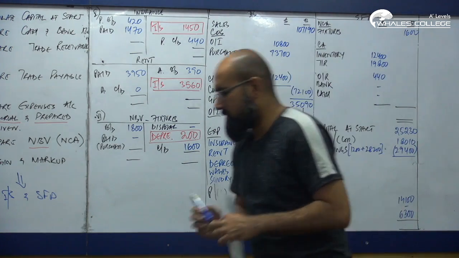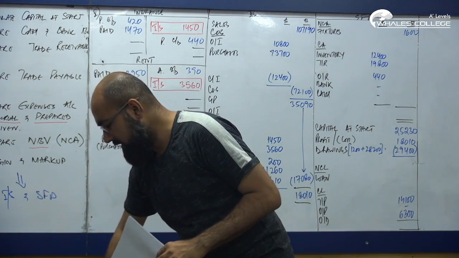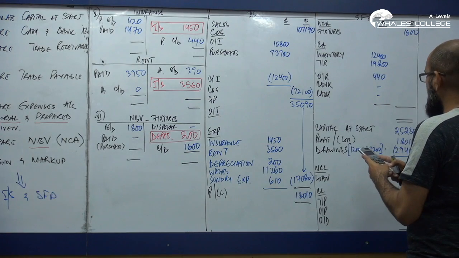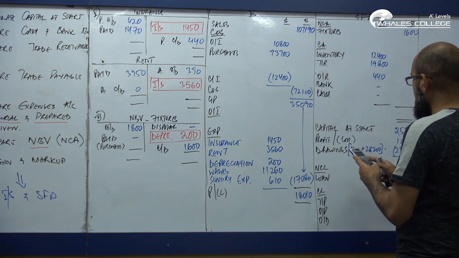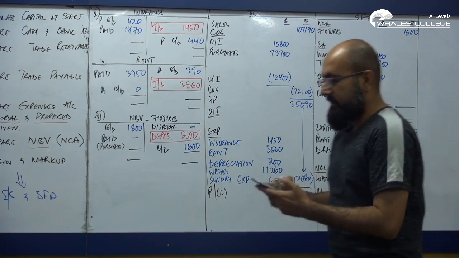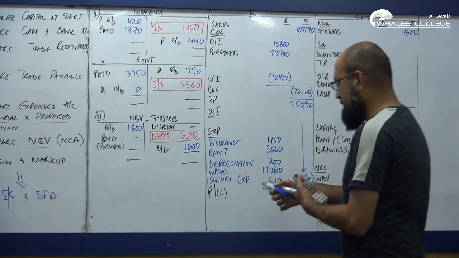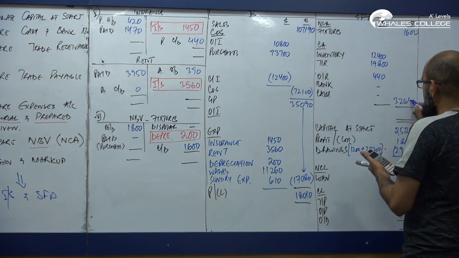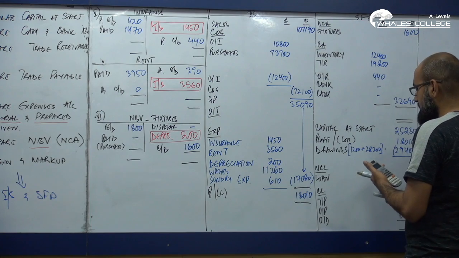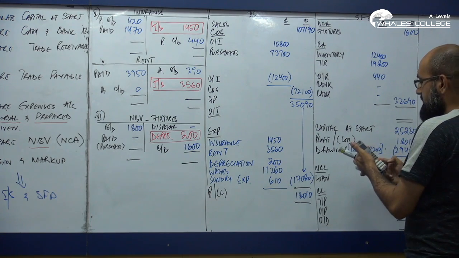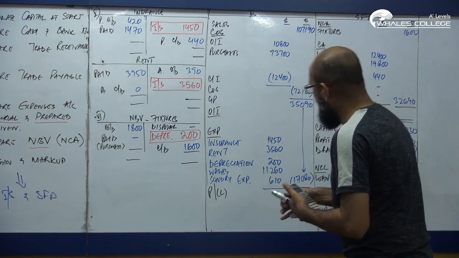The question is absolutely over. Let me take the sum. 12,400 plus 19,800 plus 440, the sum is 32,640, plus 1,600. The answer is 34,240.